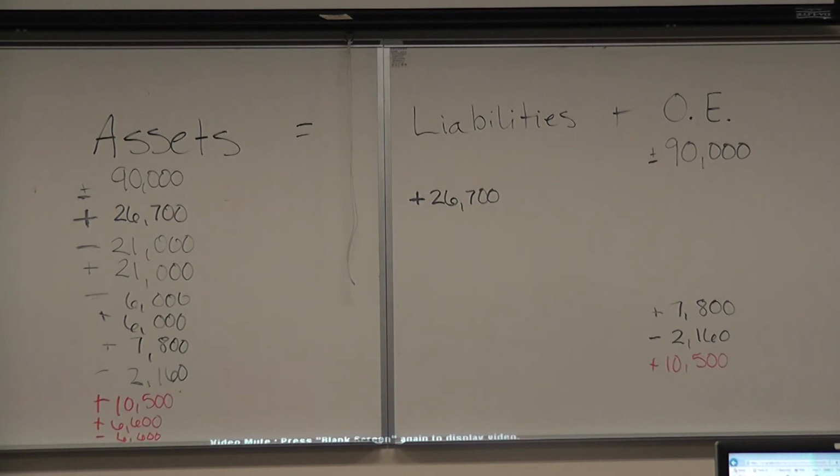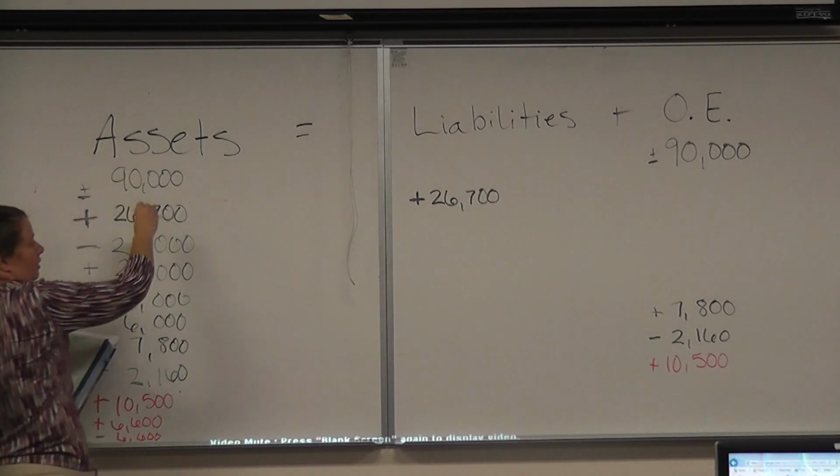Number 9, paid salaries of $4,500 to their employees. I'm going to make an assumption and say they paid cash to their employees, because the book doesn't really clarify that. Minus assets and minus owner's equity. I don't know where you guys want me to write this. Do you want me to just write it at the top, since I didn't plan very well?